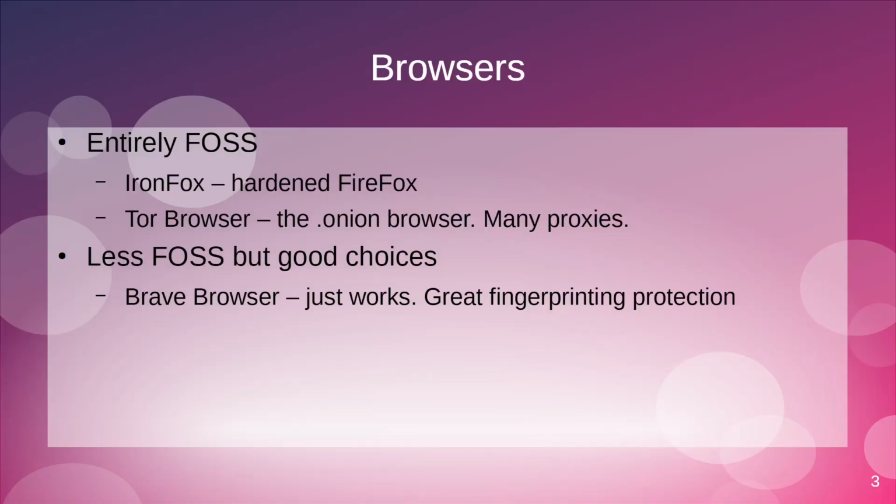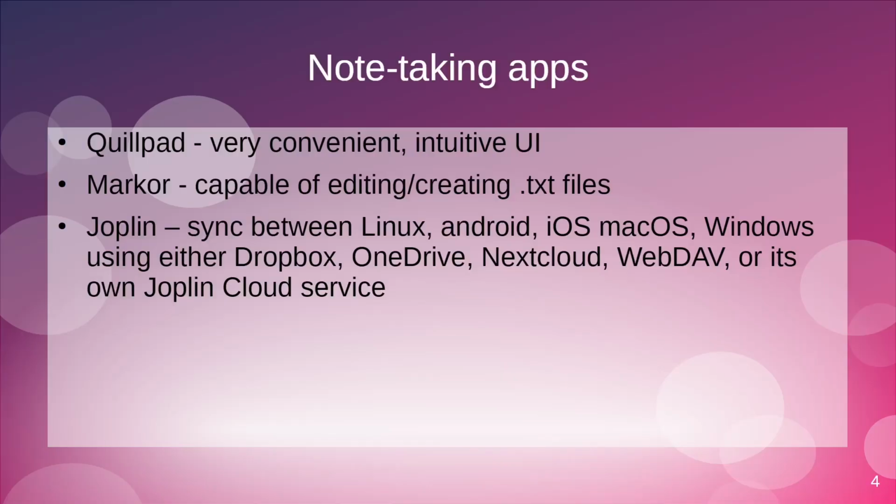Just add the repo and you're done. Or if not, you can get the F-Droid repo for Iron Fox like I listed before. Tor browser also has the Guardian Project repo, which you can add to F-Droid in order to get it, so that is also an option.